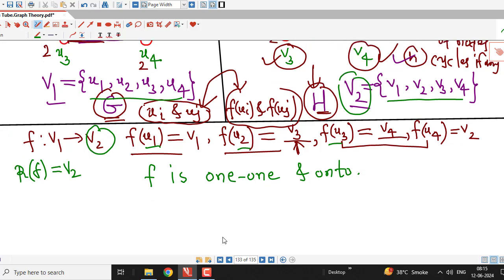So because f is 1-1 and onto, f is an isomorphism.